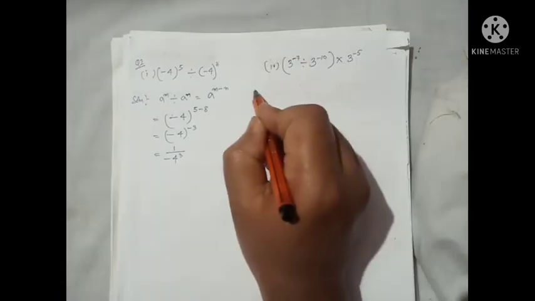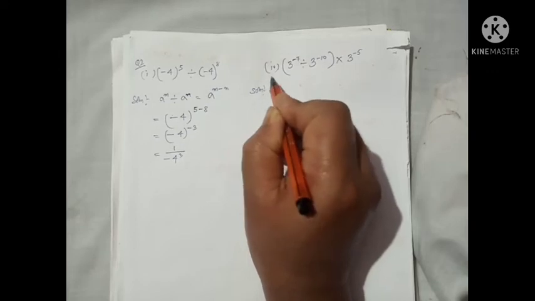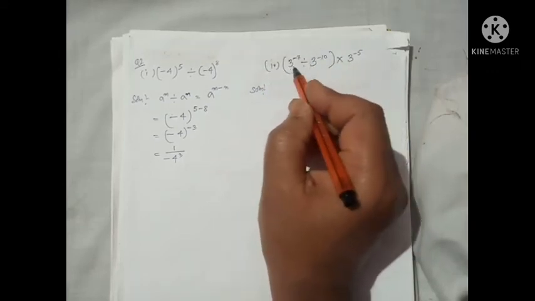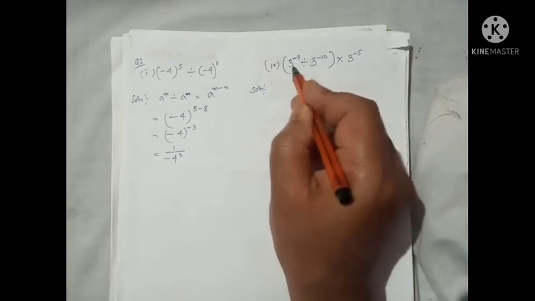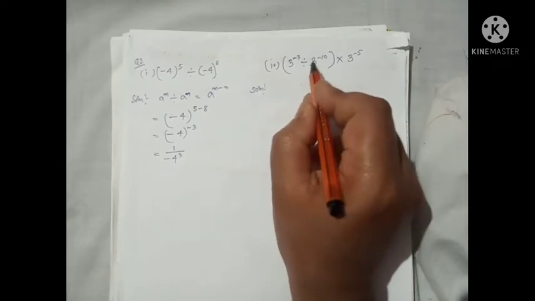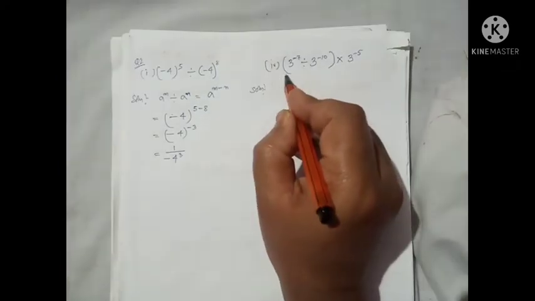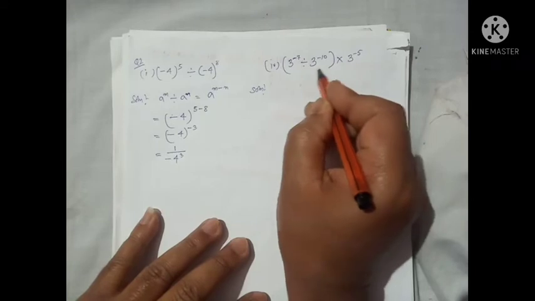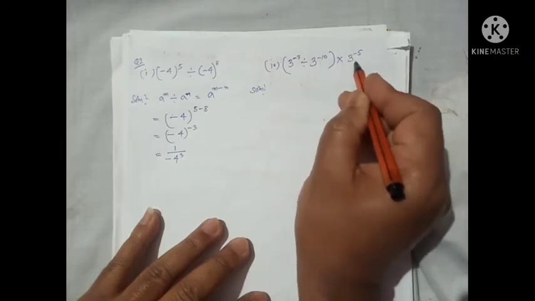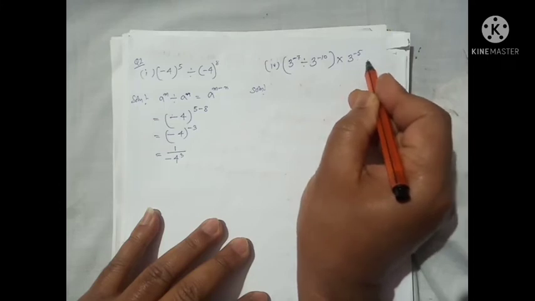For question number 2, Roman number 4, let's see how to calculate it. Here in Roman number 4 also the bases inside the bracket are the same. So first we will calculate the numbers inside the bracket, and after that we will work out the outside of the bracket.